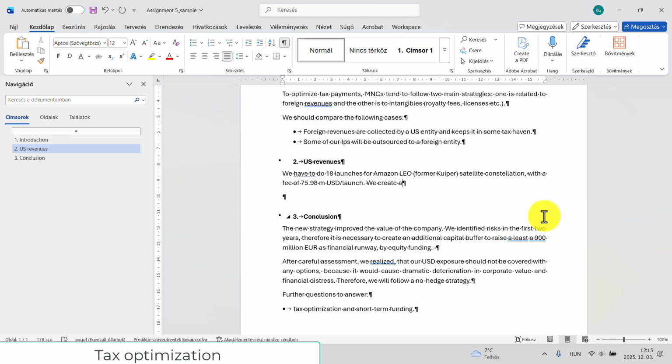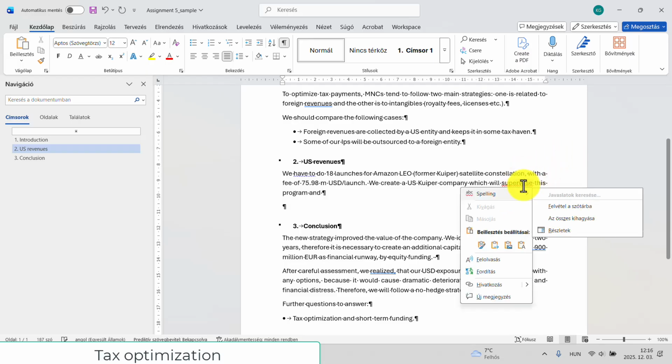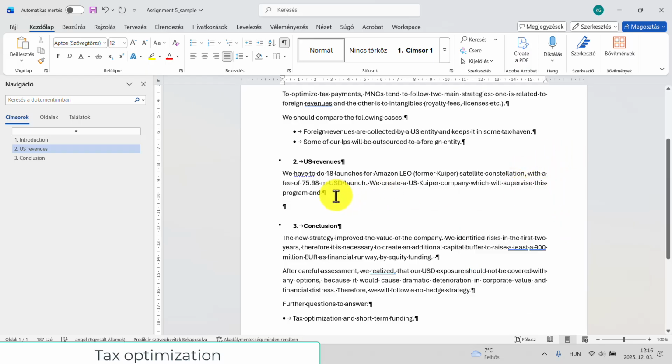Since the Kuiper name is not used anymore, we can say a US Kuiper company, which will supervise this program and collect some management fee.